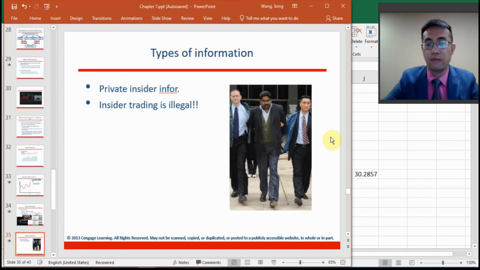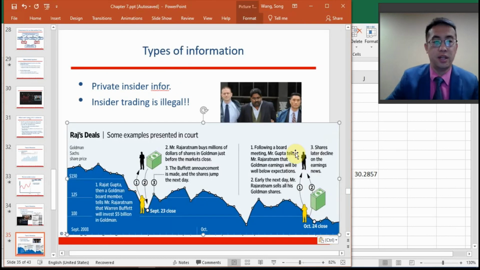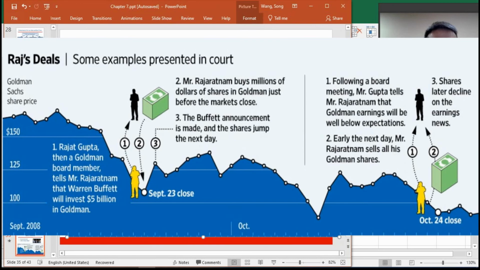And for insider trading, of course, you need to have some friends that have insider information. They could be a manager at a higher level, or the press, some journalist, or the government that has connection with the companies. What this person did was he had an insider friend called Gupta.